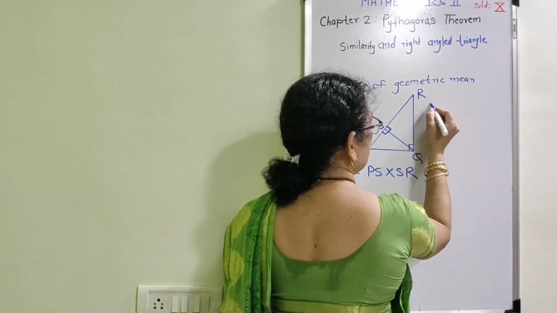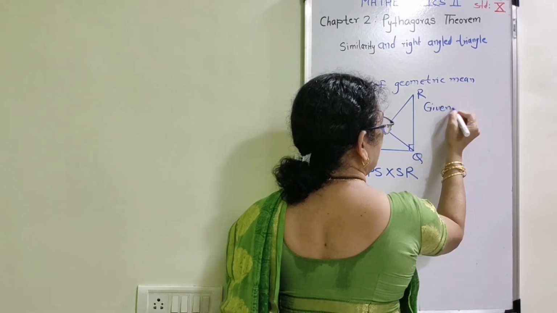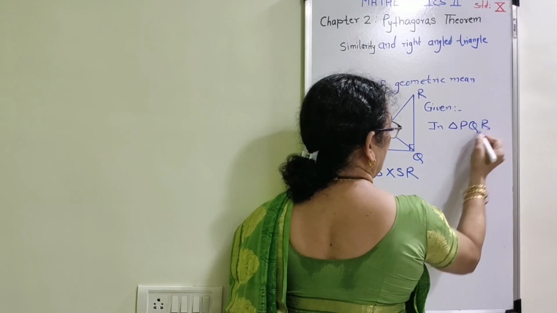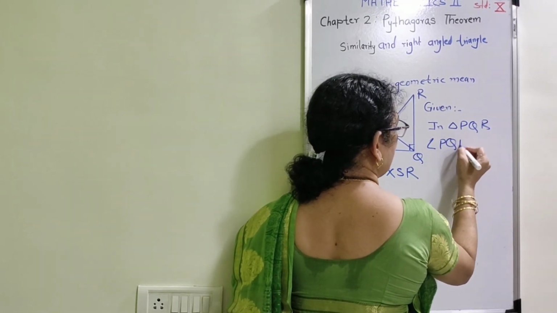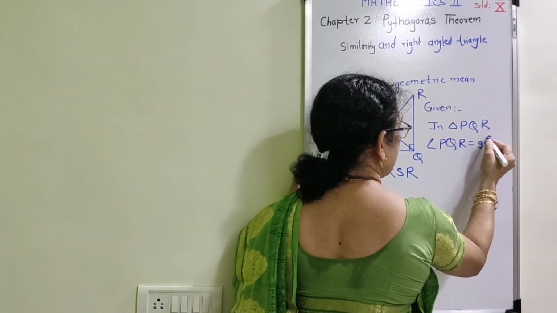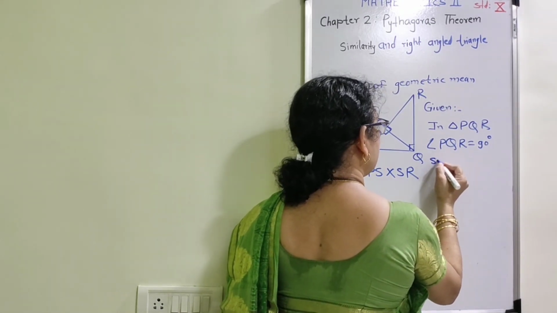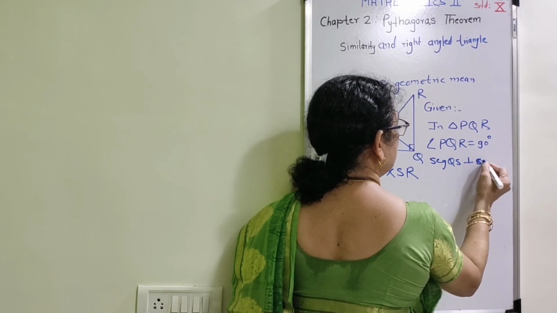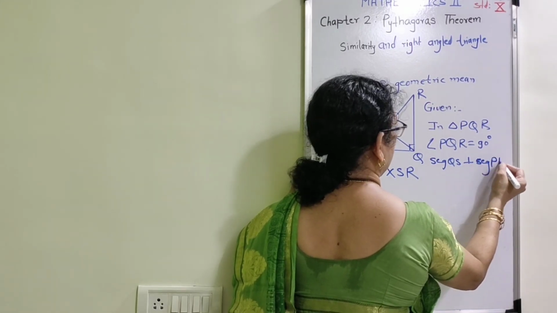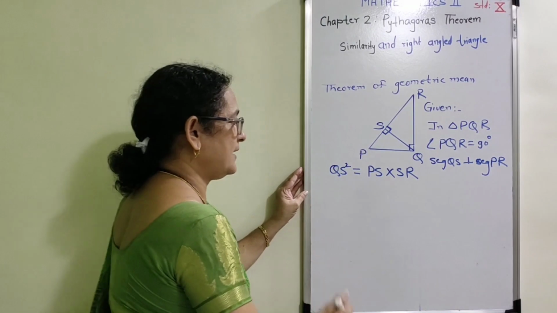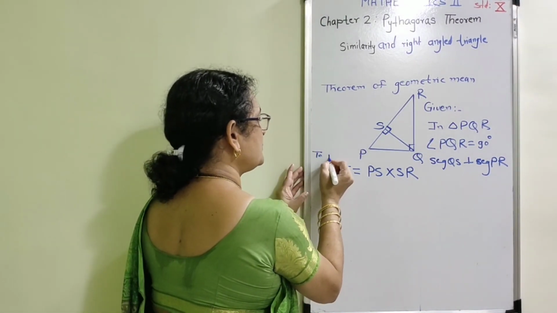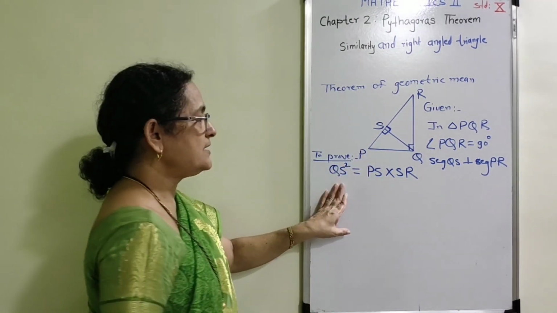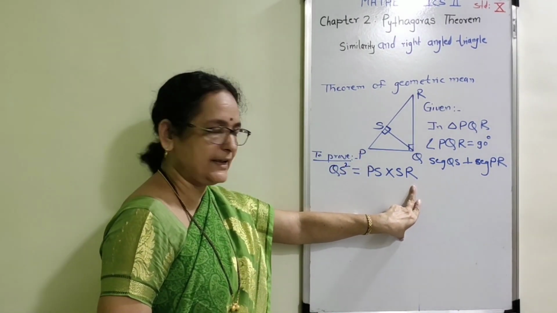First of all, we are going to write the given: in triangle PQR, angle PQR is equal to 90 degrees as well as segment QS is perpendicular on segment PR, or hypotenuse PR. At that time, you are going to prove that QS square is equal to PS into SR.